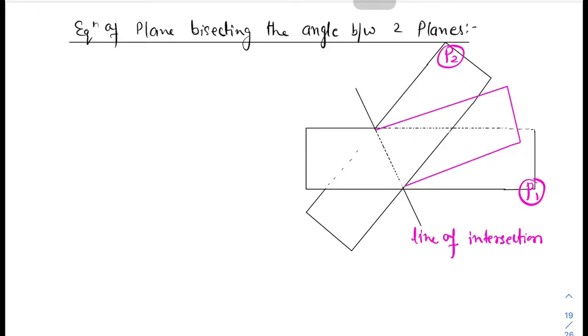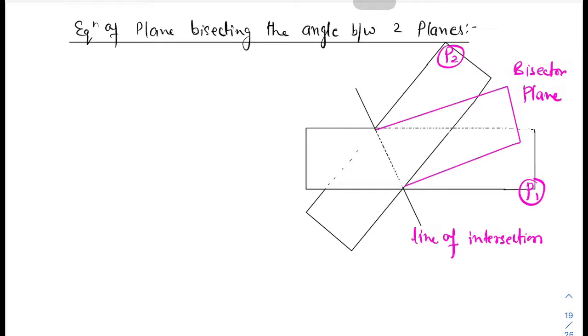Bisecting means, suppose the angle between P1 and P2 is 60 degrees, then we will have to write the equation of such a plane which is also passing through their line of intersection, but it is equally inclined to the two planes P1 and P2 at an angle of 30 degrees each. So this is our bisector plane.